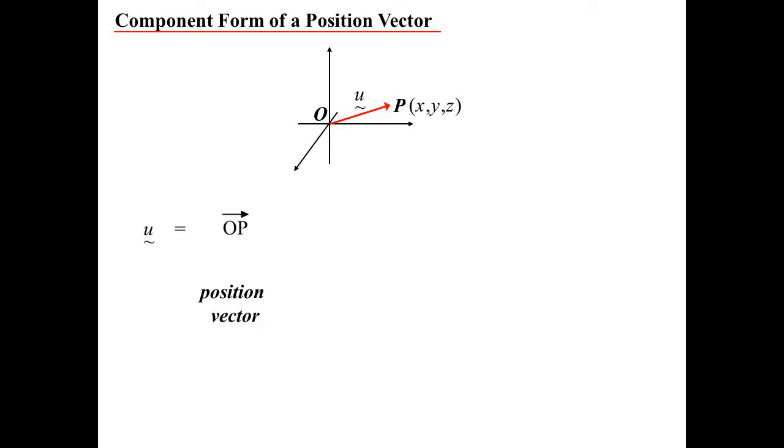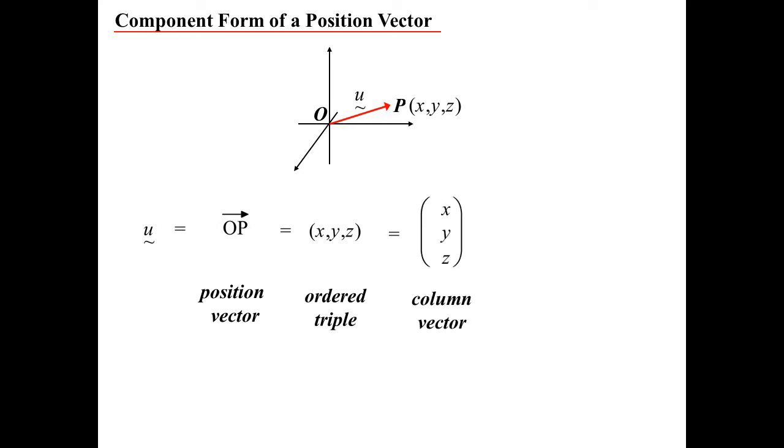So how do we write the component form? Here's our space. Let's put in a vector. So OP, P's got coordinates x, y, z. I'm calling that vector u. Now, position vector, remember we write it as OP with the arrow on the top. Nothing has changed, we still do it that way. But now, it's an ordered triple instead of an ordered pair, so x, y, z.